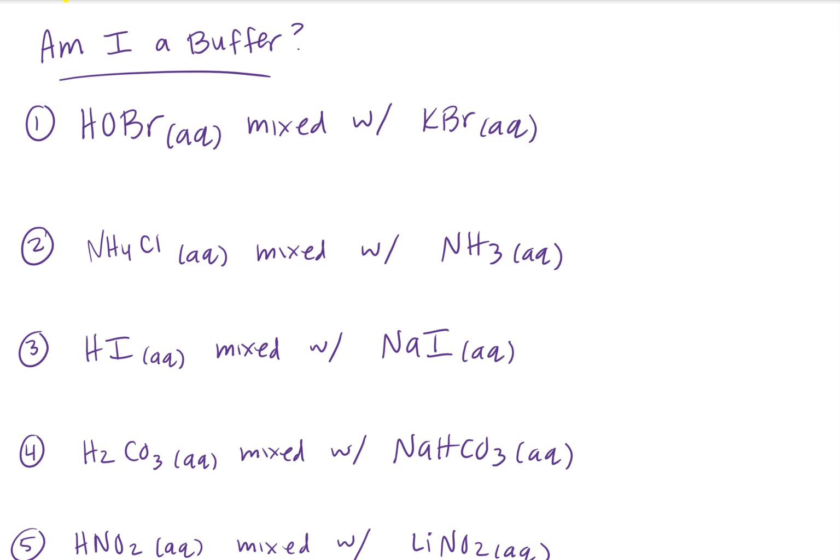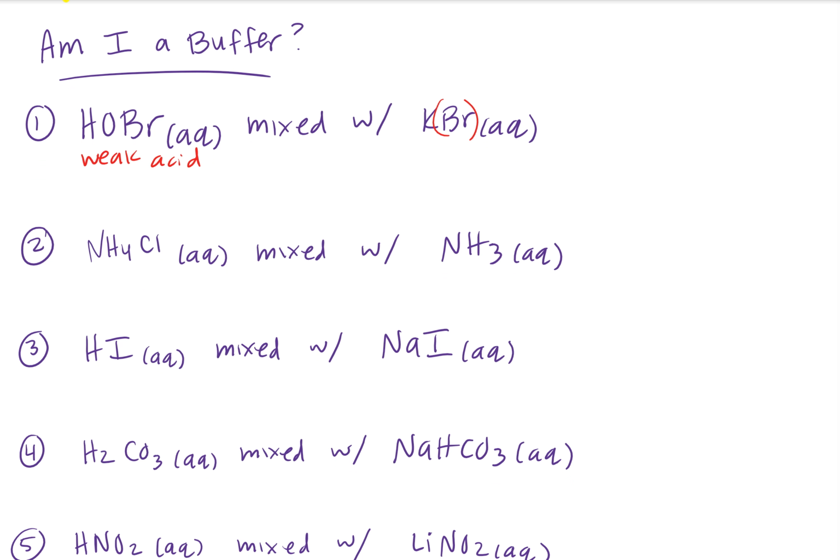So number one, I have HOBr. Is that strong or is that weak? That is a weak acid. And we're going to mix it together with potassium bromide. The potassium bromide contains bromide ions. And I'm looking here, is bromide the conjugate base of this weak acid?